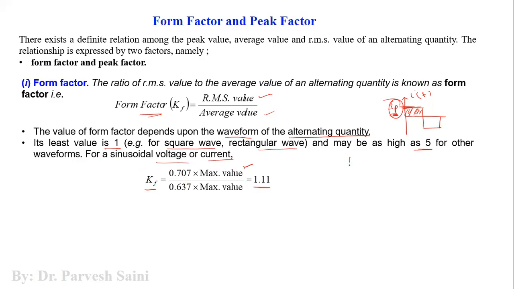As we know that the RMS value of a sine wave is equal to 0.707 of the peak value. I'm taking current as an example. However, for voltage also it is same.